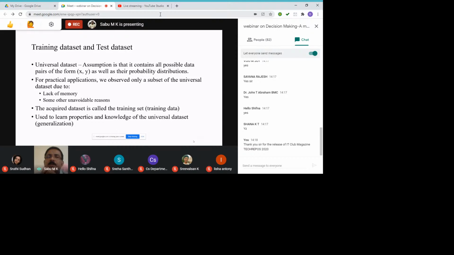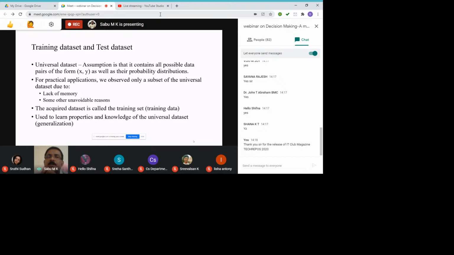So we always concentrate on a subset of the data, and the acquired data set is called the training data set. That means we take inference from the training data set, and after that we can generalize.